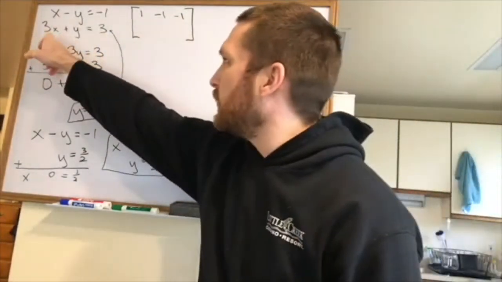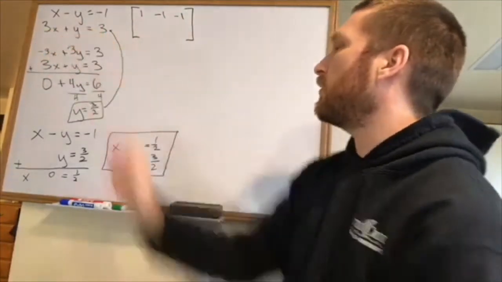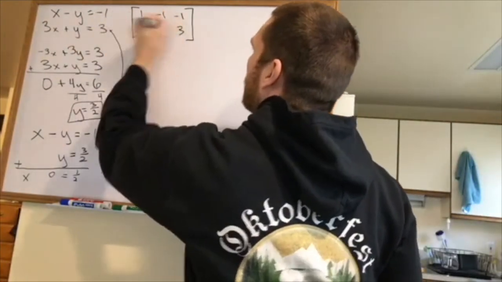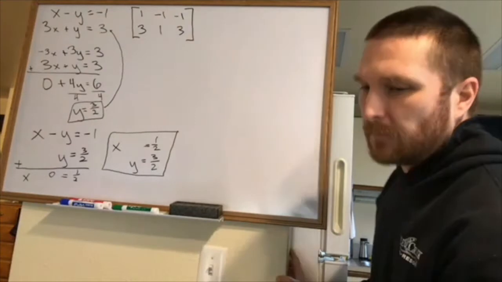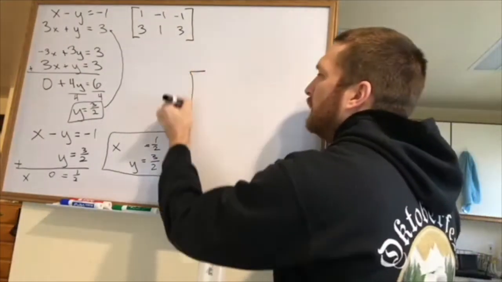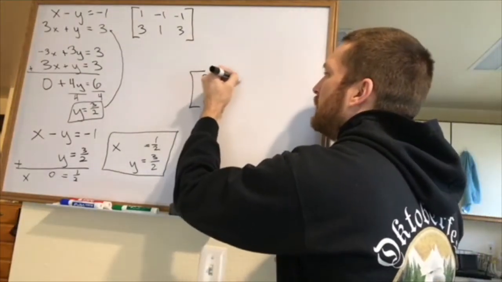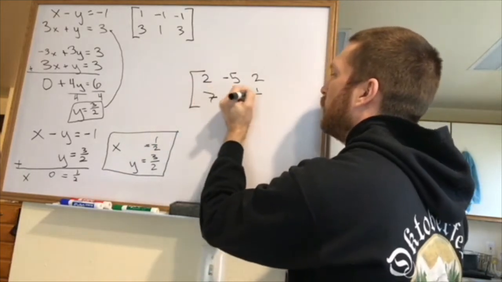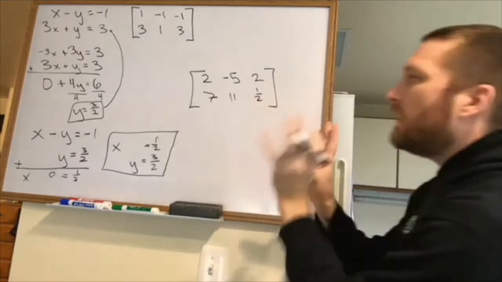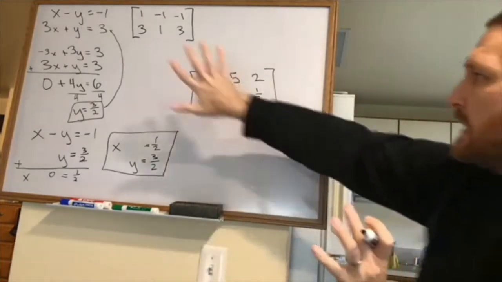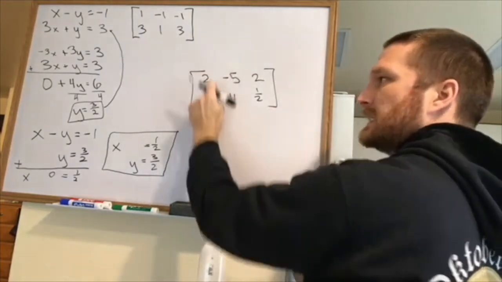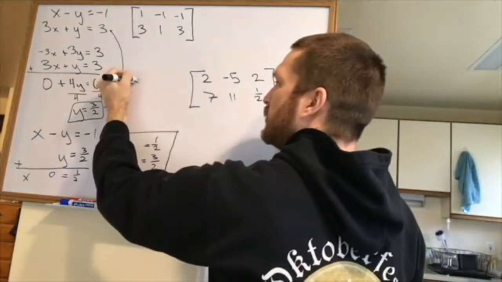Similarly, I could say I have 3 x's and 1 y and 1 3. I could say there's 3 x's, 1 y, and 1 3. Now, similarly, if I had something like this, 2, minus 5, 2, 7, 11, and 1 half, I would know that this is the same kind of thing. This means this is my x's place. So this means I have 2 x's.